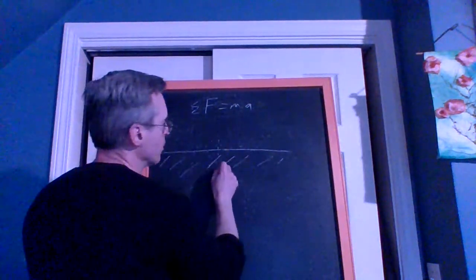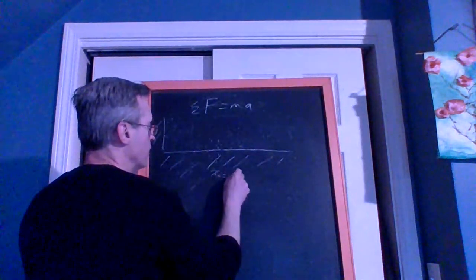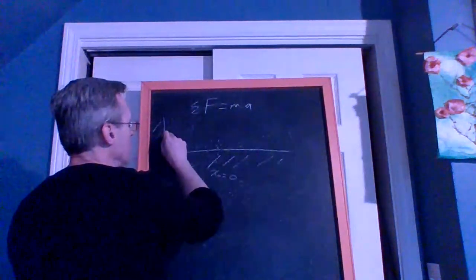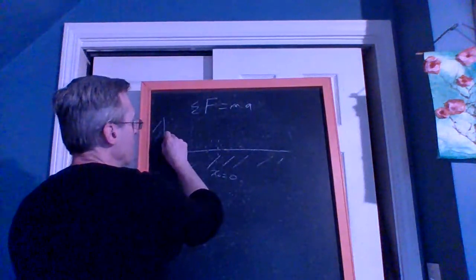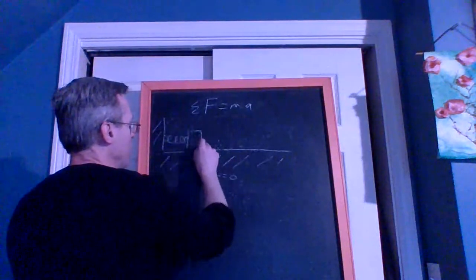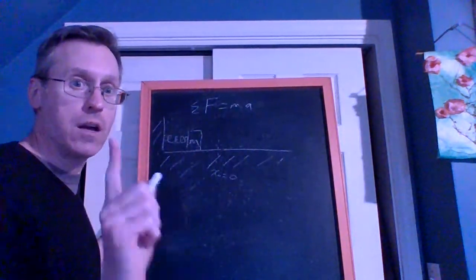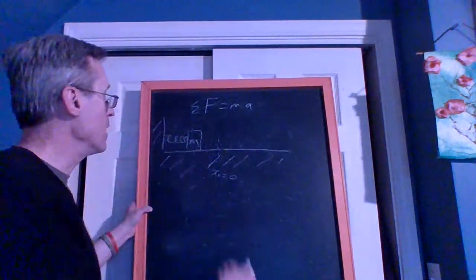This is the equilibrium position, x naught, which we'll say is 0. I'm going to put a mass on the spring and compress it.